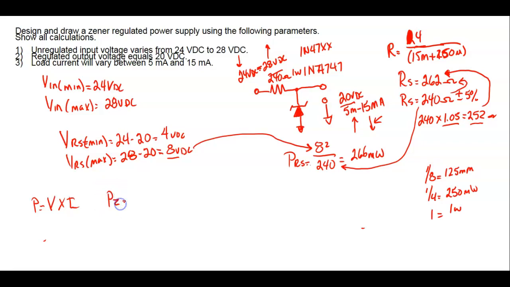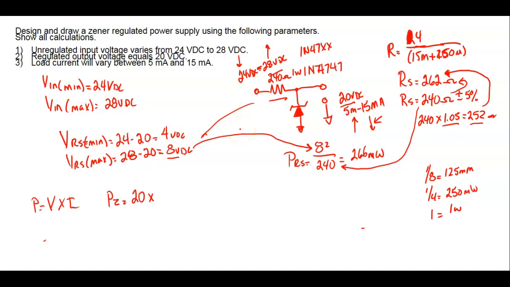So what P am I going to use? For the power of my Zener, I'm going to use the voltage drop across the Zener, which is 20 volts, and then times I. What I am I going to use? Well, I'm going to use the maximum current that will ever flow through the circuit. And how can I calculate that? Well, I've got a resistor up here, and I've got voltage drops.